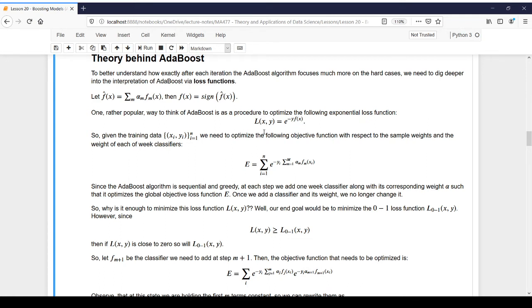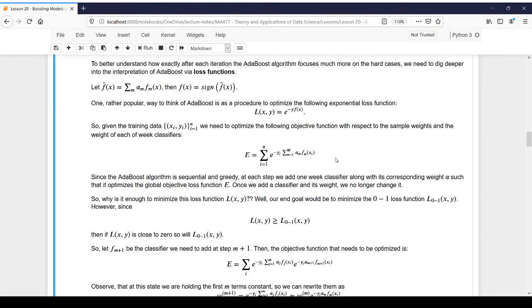So in this case, when we are fitting the model, we need to optimize the following objective function. We need to optimize it with respect to two things: the weights associated with the weak learners themselves, and the weights, these w's, associated with the actual training data.